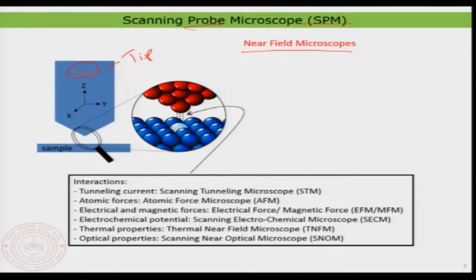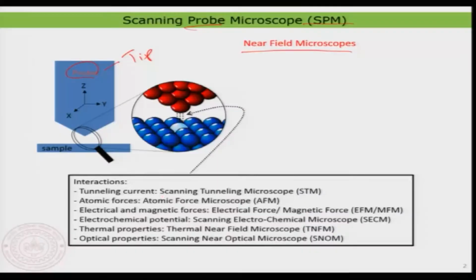That is why it is generally known as a near field microscope, because you are looking at things in close proximity. And of course, the image that you obtain is not a direct image. It is some kind of information that you extract from the surface, which is then converted to an image.